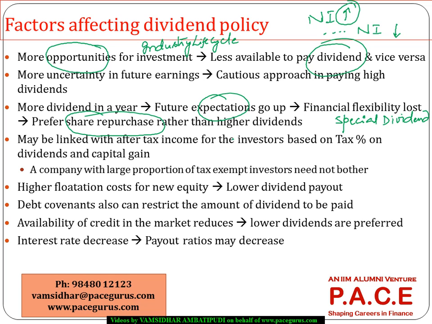And on the other side, the dividend policy of the company should take into consideration the tax percentage prevalent in that country. So what is the tax rate on capital gains and what is the tax rate on the dividend? If the dividends are taxed more and more, it is better from a company's perspective to have a lesser proportion in the form of dividend compared to the retained earnings.